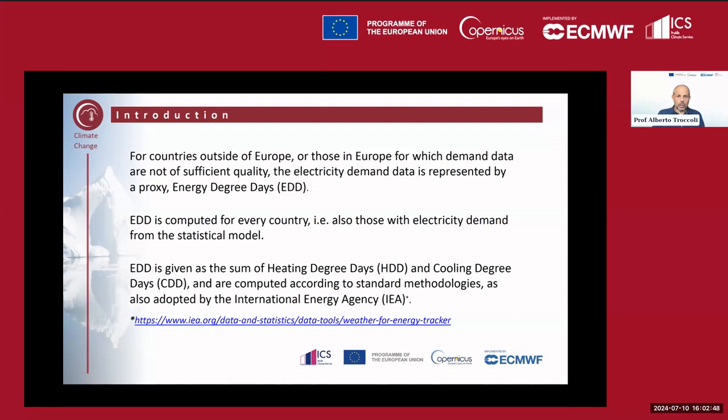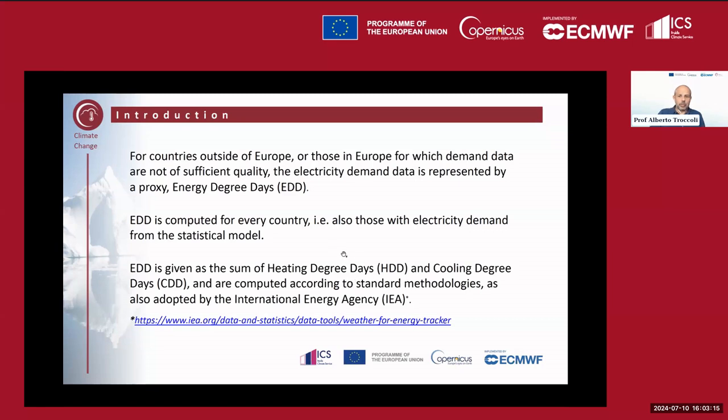That's why for this global case, we ended up using a proxy similar to what was done in hydropower. The proxy is called energy degree days, and it's essentially the sum of the heating degree days, which are very common, and cooling degree days, as you see here.